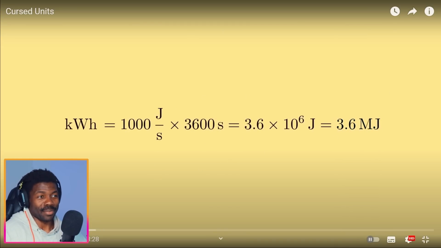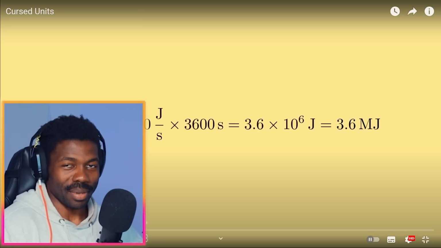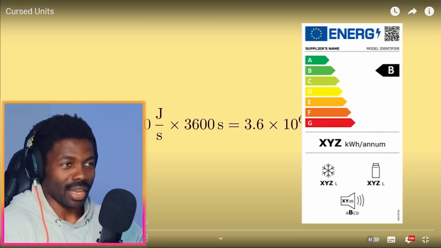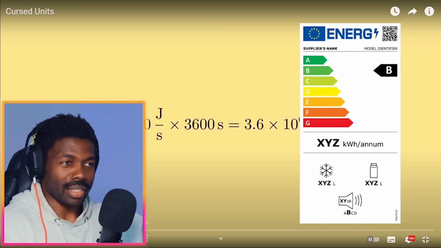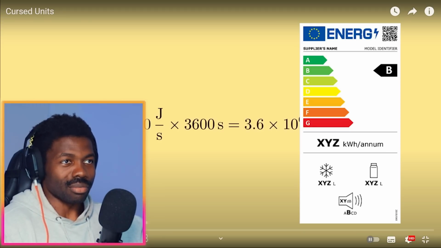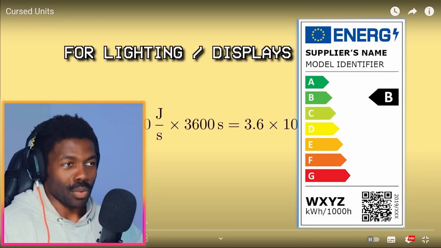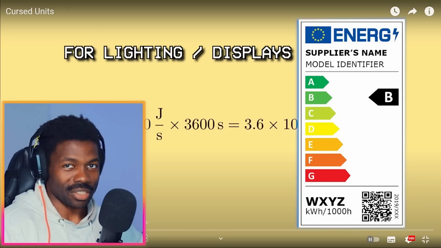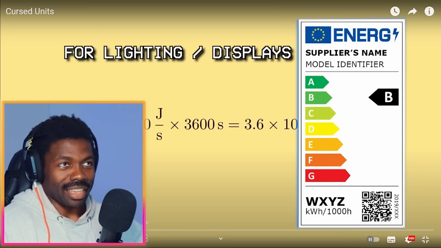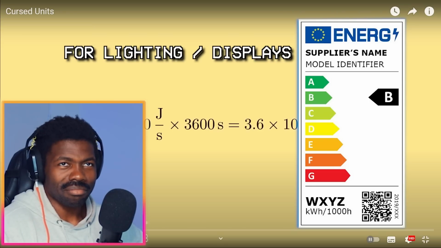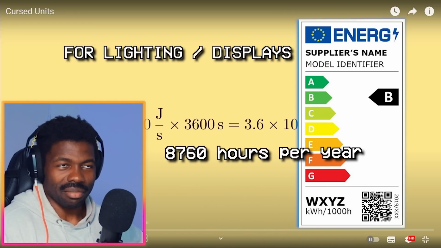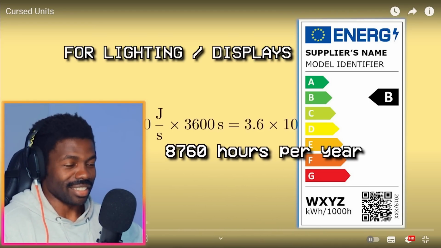A beautiful thing that we also have here in the EU is the energy rating that we give things. I like that he used the washing machine example because that too tends to vary depending on the appliances, because we tend to indicate hours with kilowatt hours per annum. Generally speaking, it's often written per 1,000 hours, which is just at the end of the day watts. There's about 8,700 hours in a year.